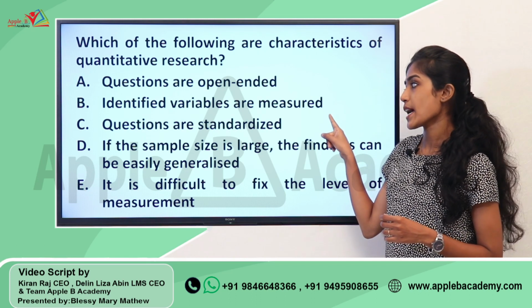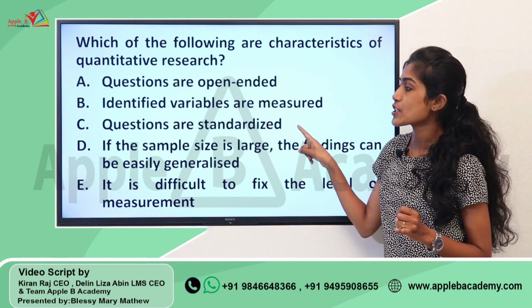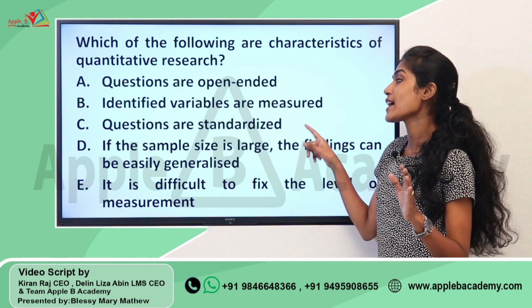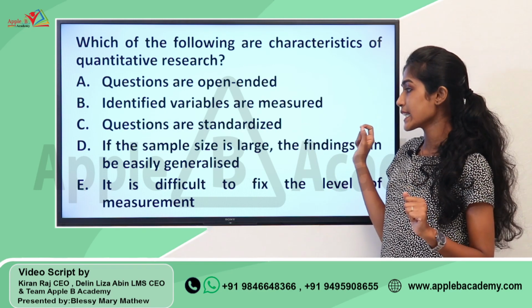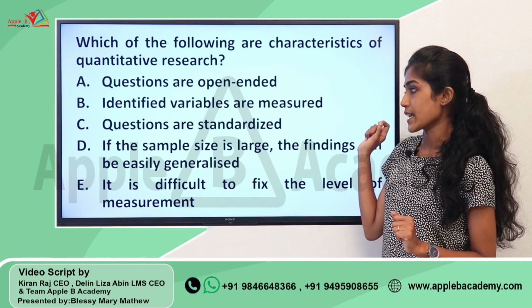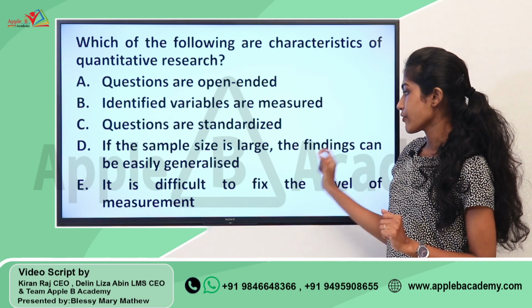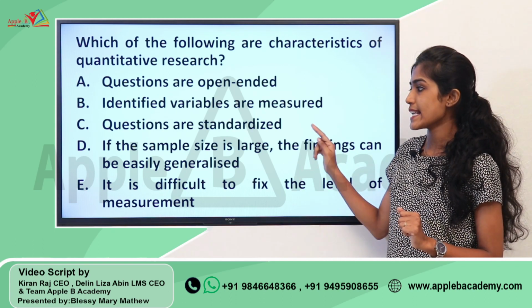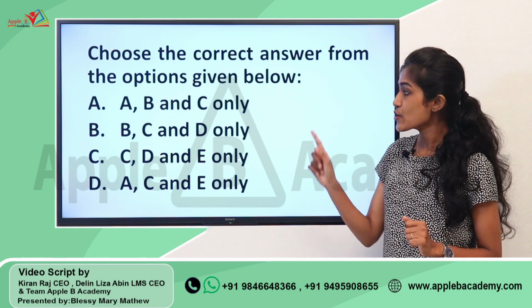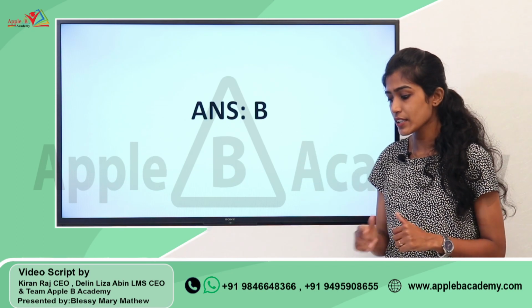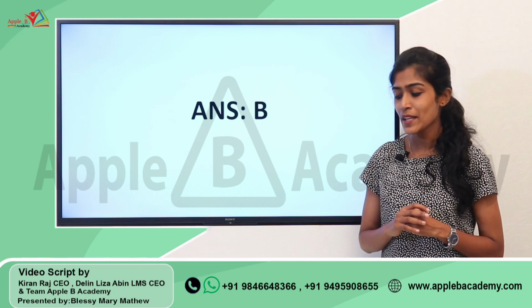Identified variables are measured, that is true. Then we have questions are standardized, so option C can be taken, and also option D can be taken, right? If the sample size is large, the findings can be easily generalized. So B, C and D will be the answer for this question. B, C and D only is option B, so the right answer for this question is option B itself.